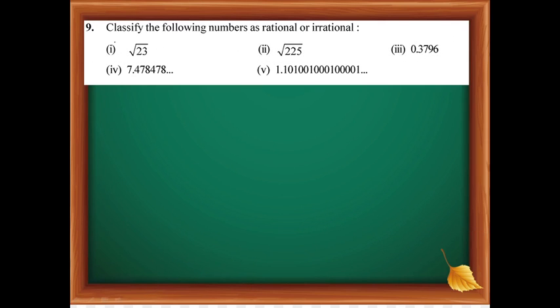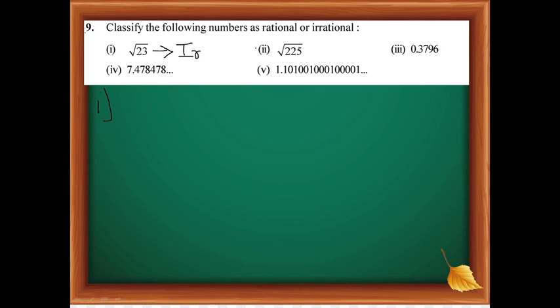So moving to the ninth question, that is, classify the following numbers as rational and irrational numbers. I will also give you root 23. Root 23 is an irrational number.